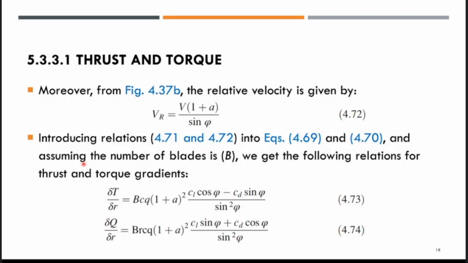And we assume the number of blades is B. We get the following relations for the thrust. Okay, this is the relation for the thrust, and then the torque gradients, equations 4.73 and 4.74.